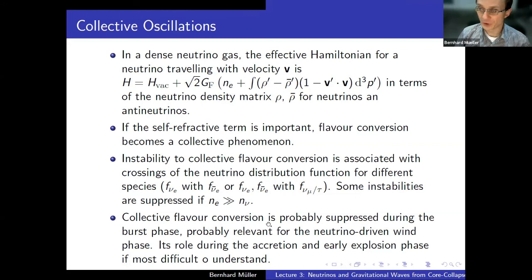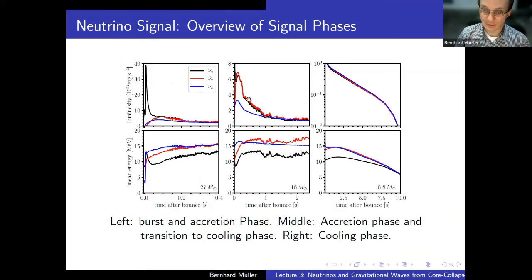We are, of course, in the fortunate situation that the luminosities of the various flavors are, well, not so different, they're moderately different. So you can hope that the effect of the flavor conversion, if there is an instability that does very, very efficient flavor conversion, is not so huge. But here is really a big theoretical uncertainty in the supernova problem that's still not fully resolved.